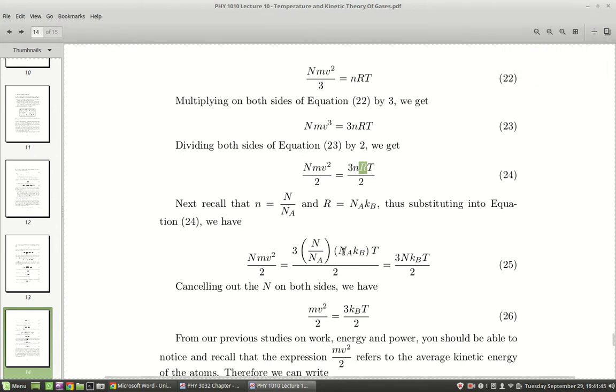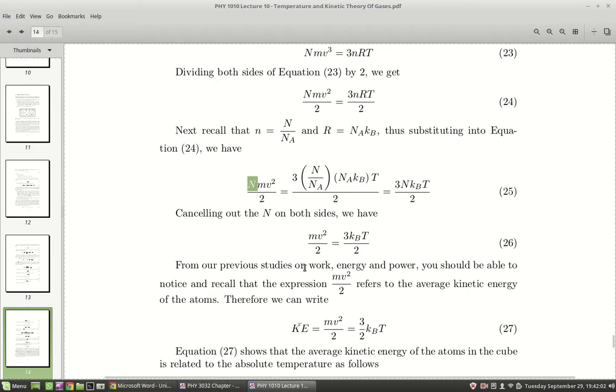The N over A times A cancels out. Then there's an N on this side and an N on that side, so you cancel out the N's, and you end up having m v squared over 2 equal to 3 kB T over 2.